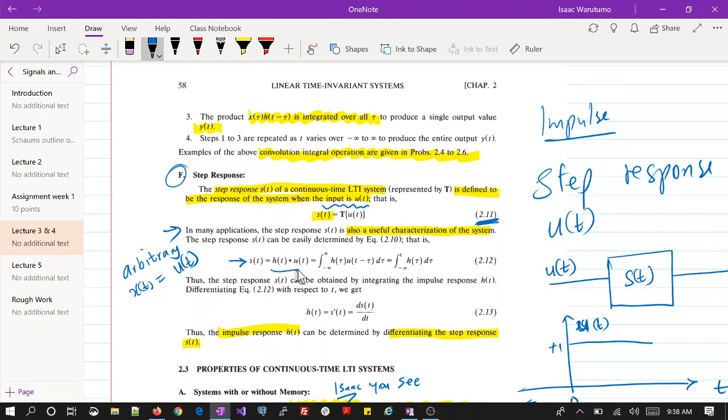We are just reproducing equation 2.10, except where we are now replacing our x of t, the one that we said x of t minus tau in our convolution integral.